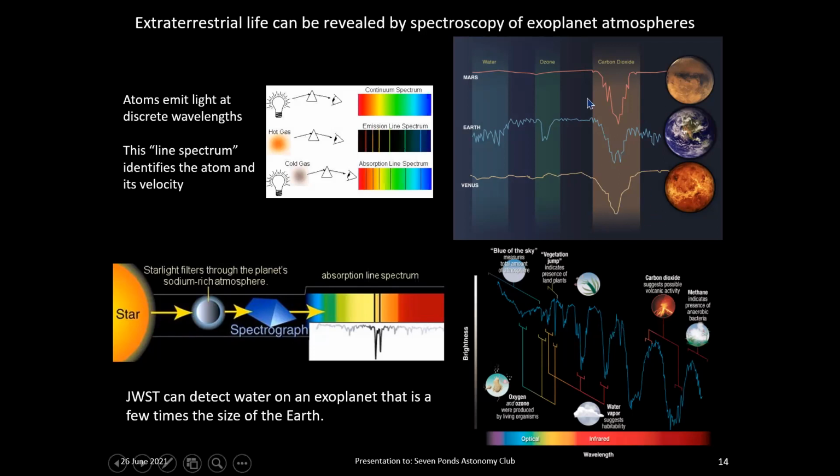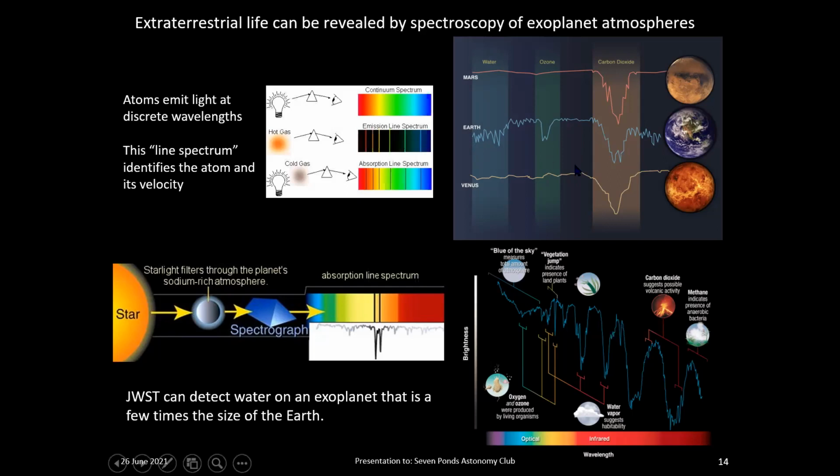Shown here are the spectra of Mars, Earth, and Venus. And you can see, in the case of the spectrum of the Earth, that there are all these bumps and wiggles in the spectrum. The spectrum is a plot of brightness versus wavelength. And those bumps and wiggles are all due to emission and absorption by molecules in the Earth's atmosphere.